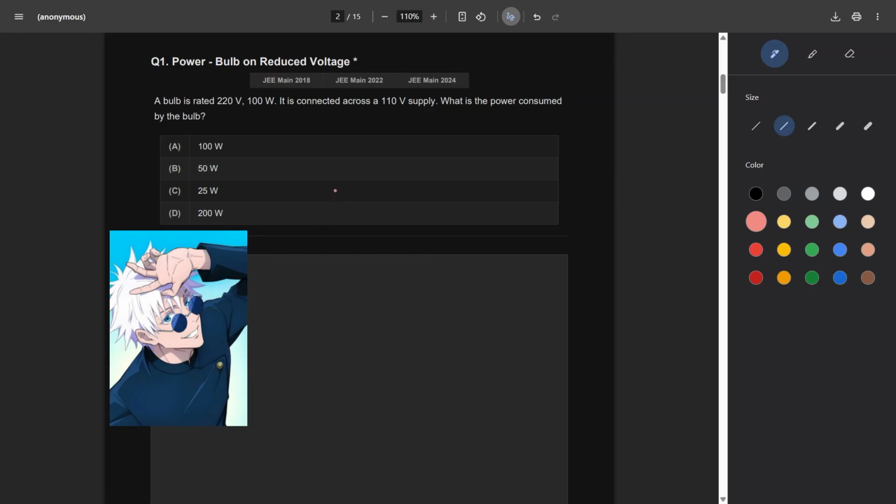And whenever you have this kind of problems, you just take R as constant. What we can do is P equal to V square upon R, right? So R is constant, so we can do P1 proportional to V1 square and P2 proportional to V2 square, right? So we can do P1 upon P2 equal to V1 square upon V2 square, right?